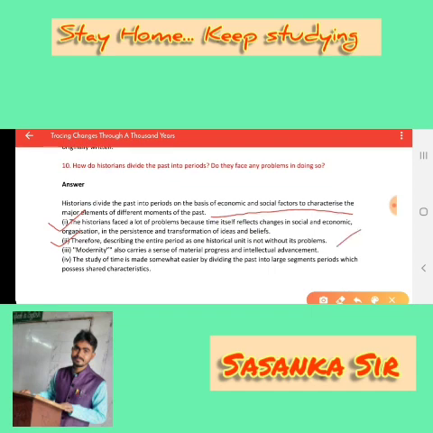Third, modernity also carries a sense of material progress and intellectual advancement. It's called modernity. Fourth and last, the study of time is made somewhat easier by dividing the past into large segments or periods which possess shared characteristics. Alright, so you have to write all the answers in your copy.